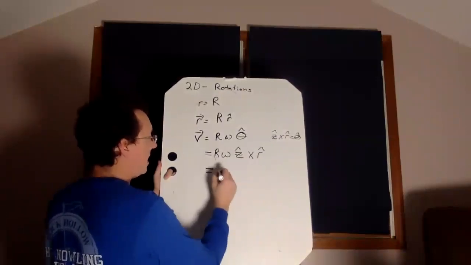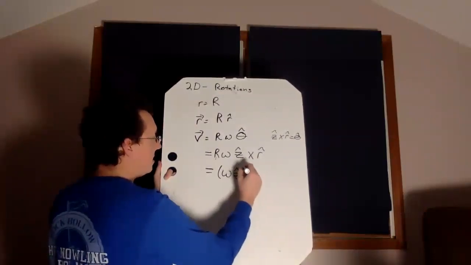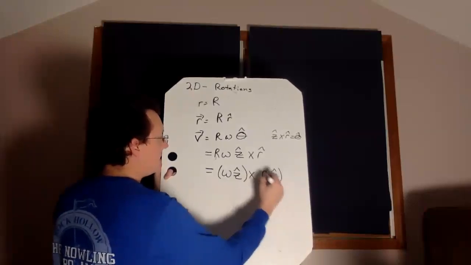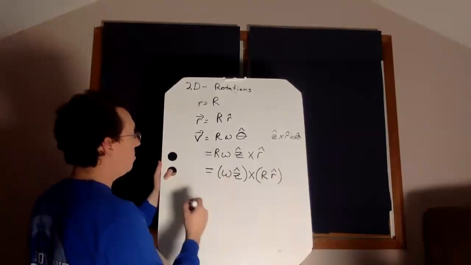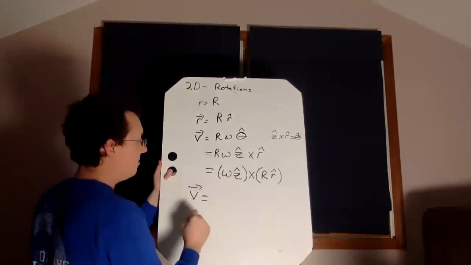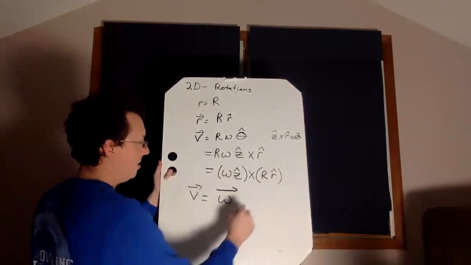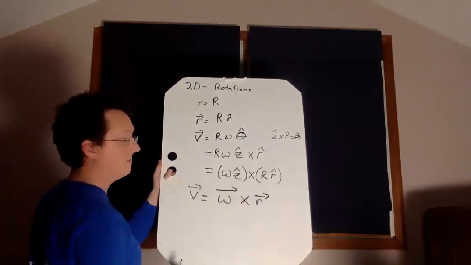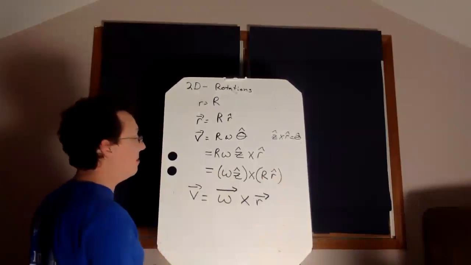And I can write this as omega z hat cross r hat. And I find that when you have a rotation in a plane, the velocity can be written as omega vector cross r vector. So that'll be a very useful formula for those of you who go on to take dynamics.